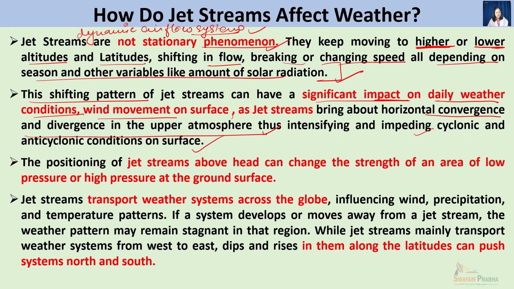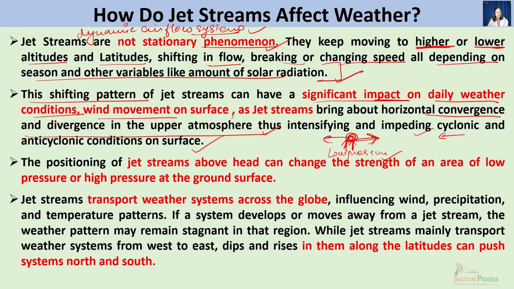As we have already discussed, if you have divergence in the upper atmospheric regions, they are marked by low pressure systems at the ground surface, and they help in maintaining these low pressure systems.